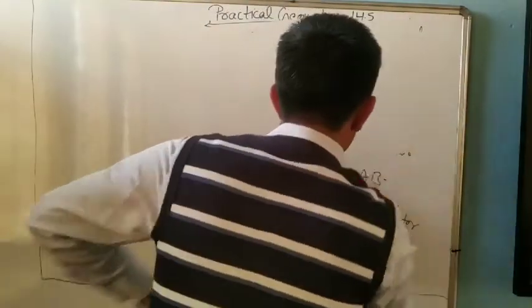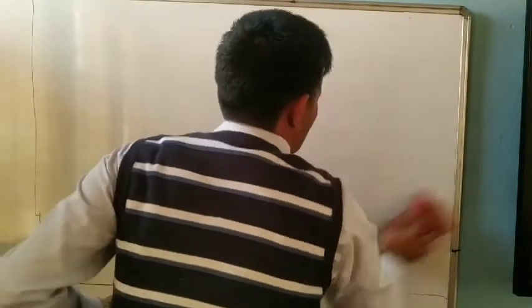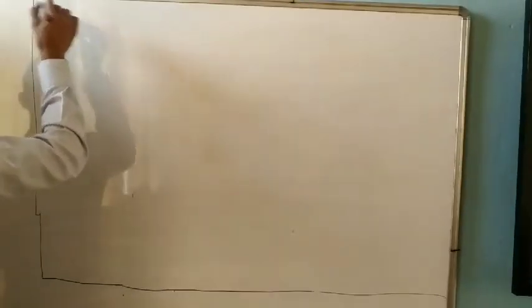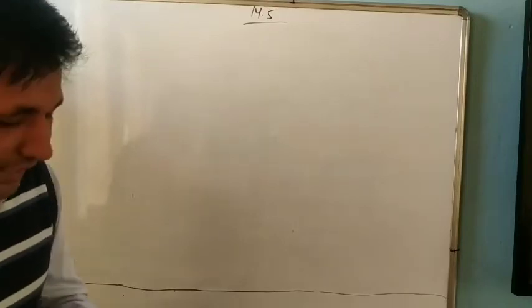Next is question number 8. Question number 8 also you will do yourself, only I will give you a hint. Draw a circle of radius 4.